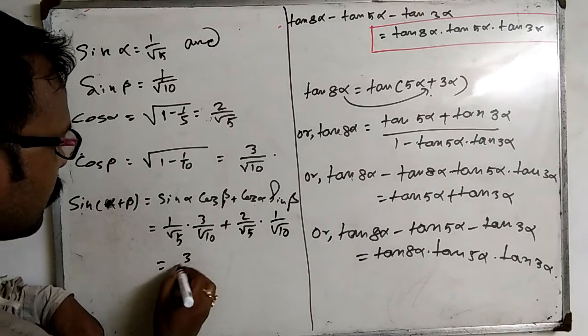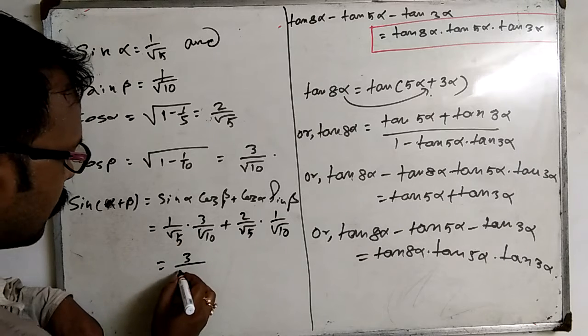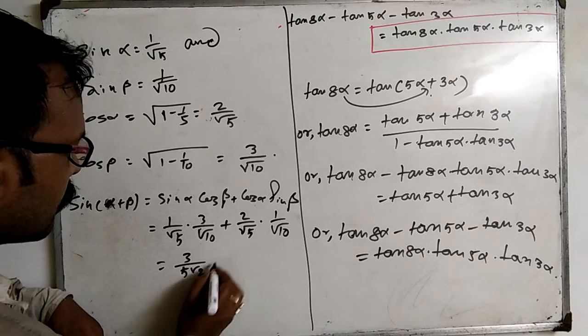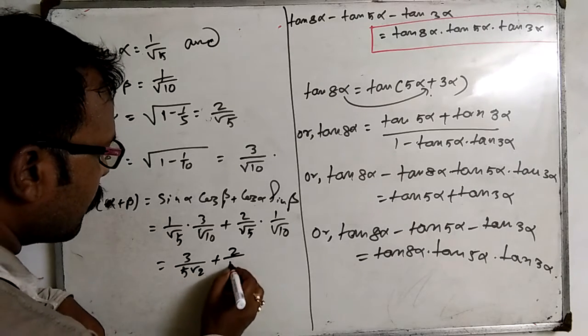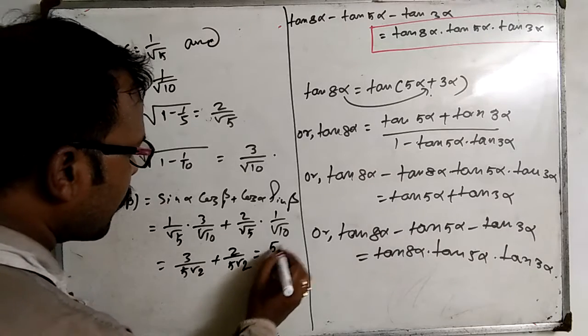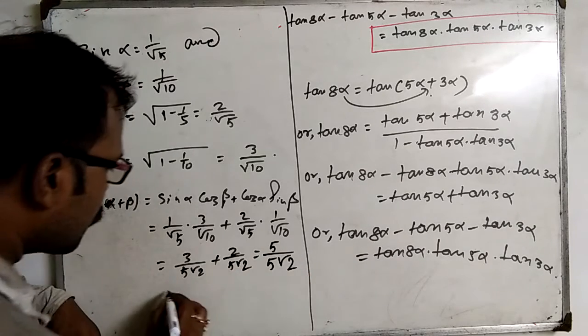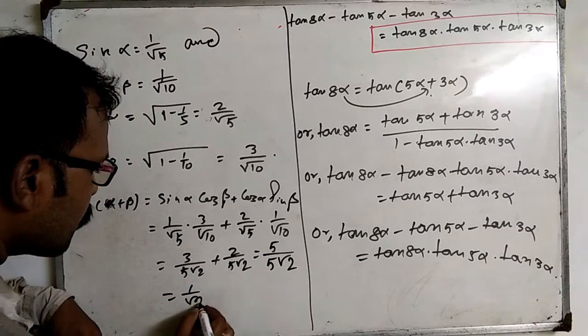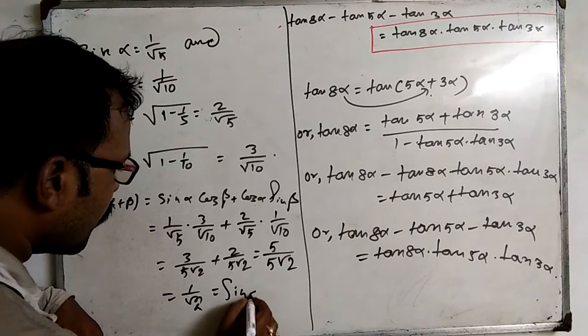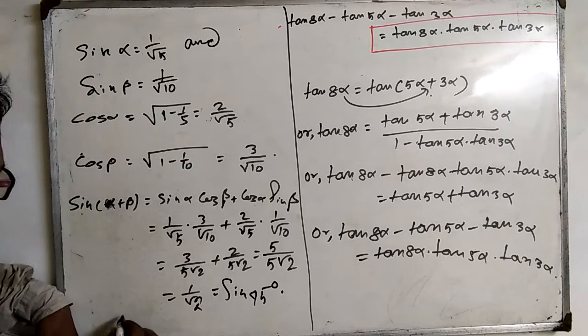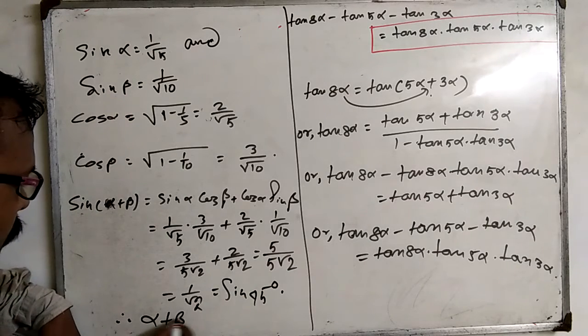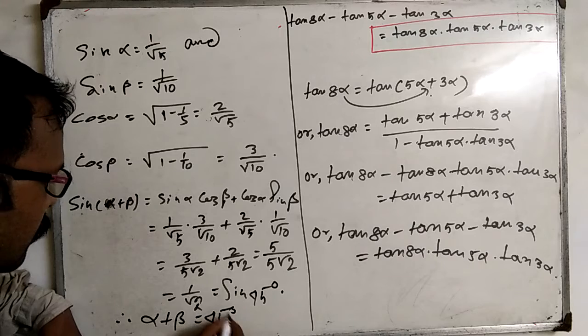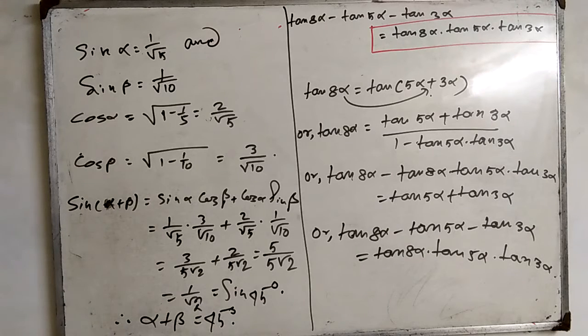So that is equals 3 by 5 root 2 plus 2 by 5 root 2, that is 5 by 5 root 2, that is equals 1 by root 2 equals sin 45 degree. So therefore alpha plus beta equals 45 degree. Understand? We go to the next.